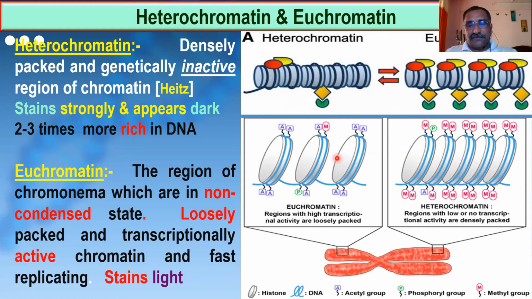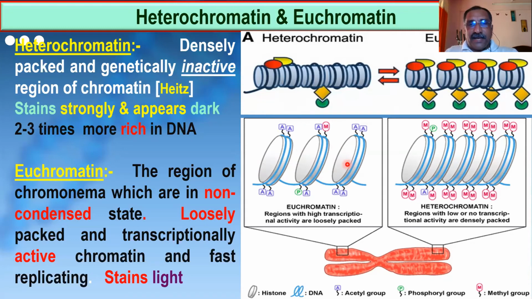Loosely packed. And another important thing is that I said heterochromatin is inactive, but this is very active. This is very active, and this region replicates. I mean, transcription is taking place from this region, but in that region transcription is not taking place. That is why we said it is inactive, but this region is active.